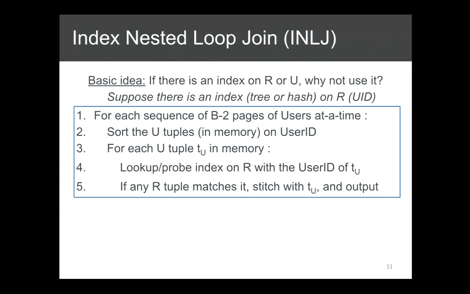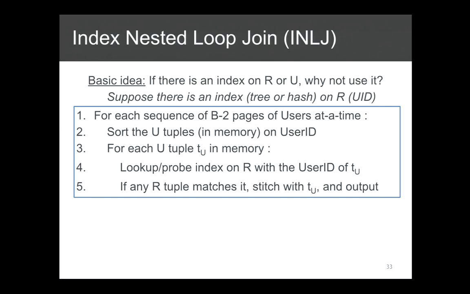And so the index nested loop join exploits this existing index as follows. Again, you do the same thing: for each sequence of B-2 pages of U at a time, you sort the tuples of U in memory. We'll get back to this. And then for each tuple of U that is in memory in this block, you probe into the index based on the attribute value of that tuple.